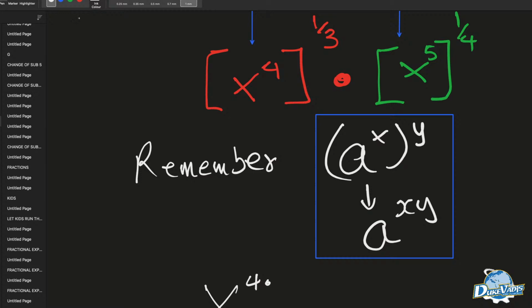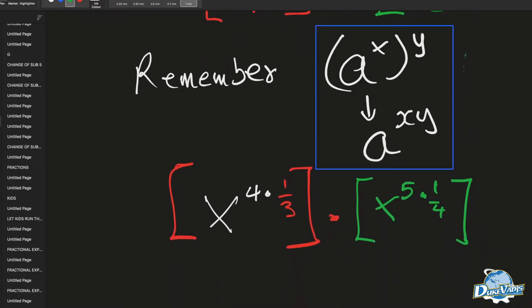Have you seen it? x to the power 4 times 1 over 3. So we close our bracket, and this is multiplying the next one. We're still applying this principle. So this will be x raised to the power 5 multiplying 1 over 4. So we close the bracket, friends.